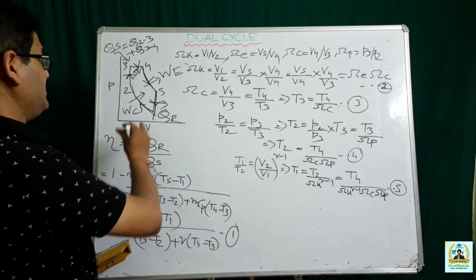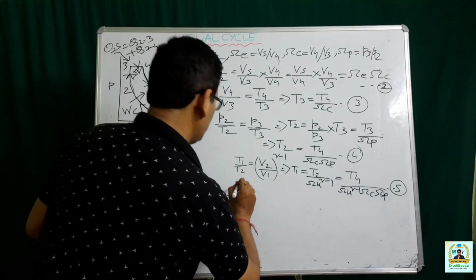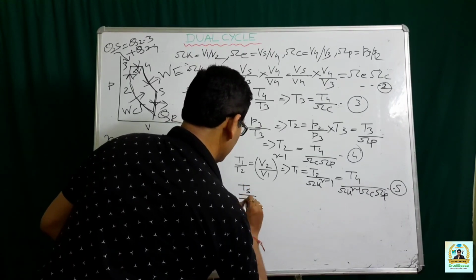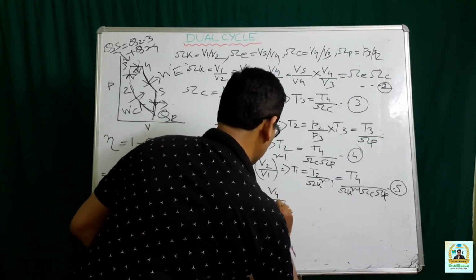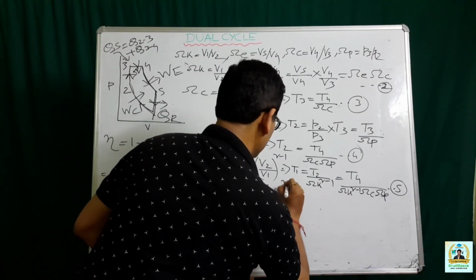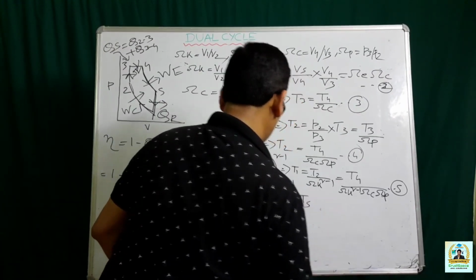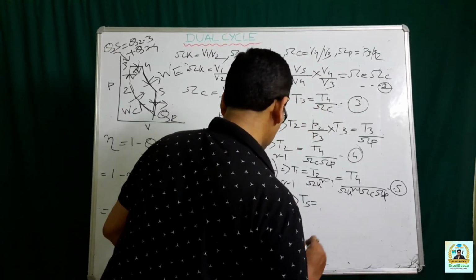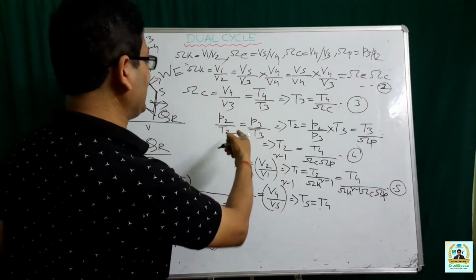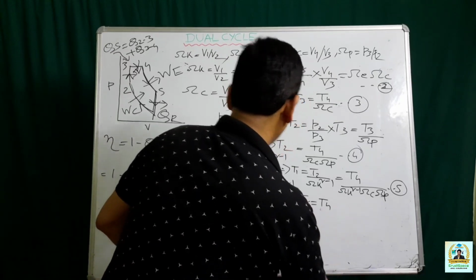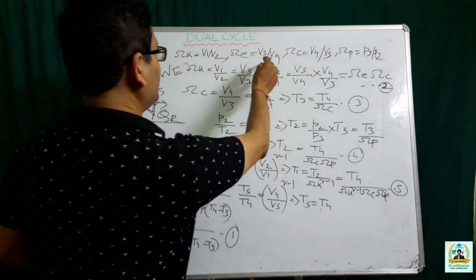And then we'll consider the isentropic expansion process for 4-5. According to that, T5 by T4 is equal to V4 by V5 to the power gamma minus 1, and this implies T5 is equal to T4, and V4 by V5 is reciprocal of V5 by V4.